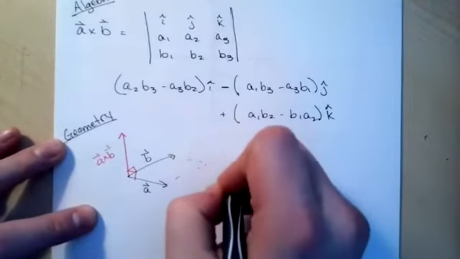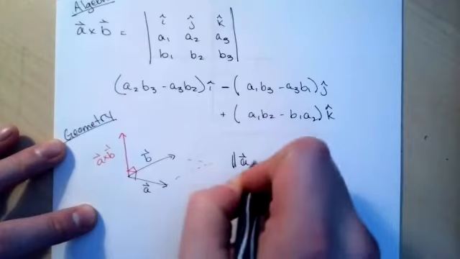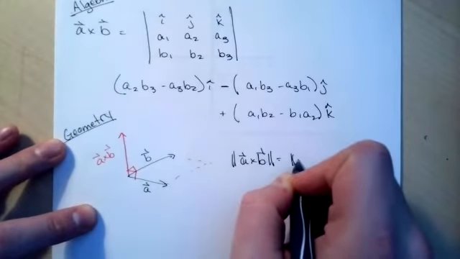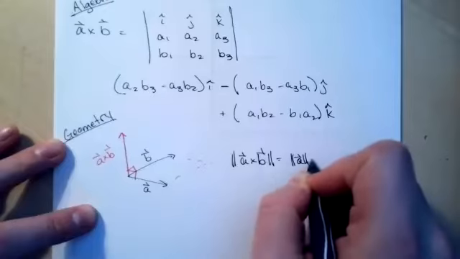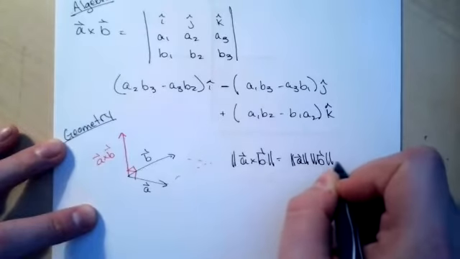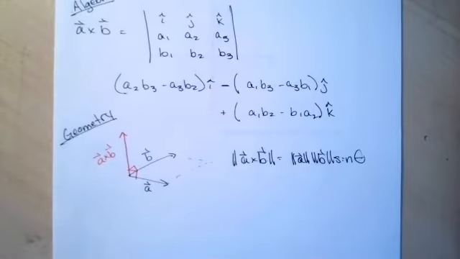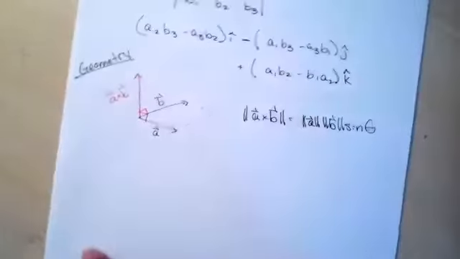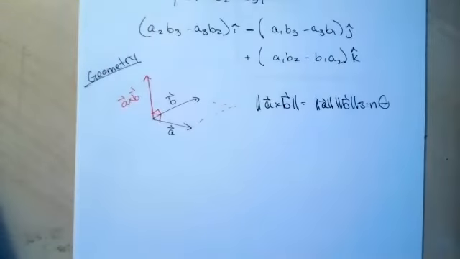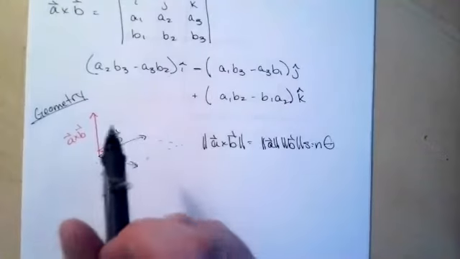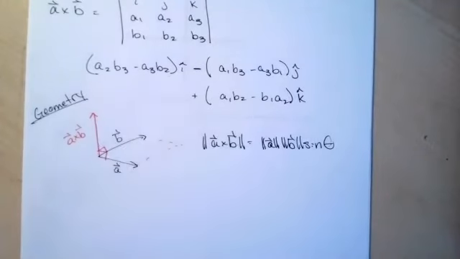Likewise, the magnitude of A cross B is magnitude of A, magnitude of B, sine theta. So one thing we can interpret of what is the cross product, well, I kind of started with a little bit of background on what determinants are.